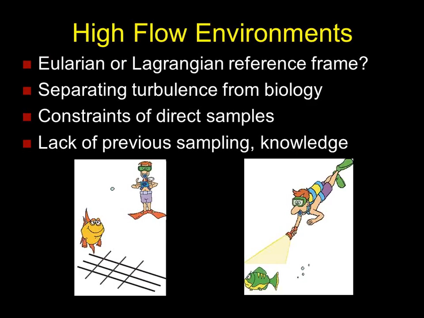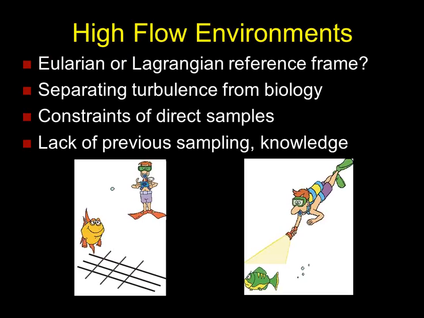In any high-flow environment, if you're using some sort of remote or even direct sampling devices, you're going to have an interaction just with the water movement with your sampling. So separating turbulence from biology is quite a challenge. You're also going to get constraints of trying to directly sample.